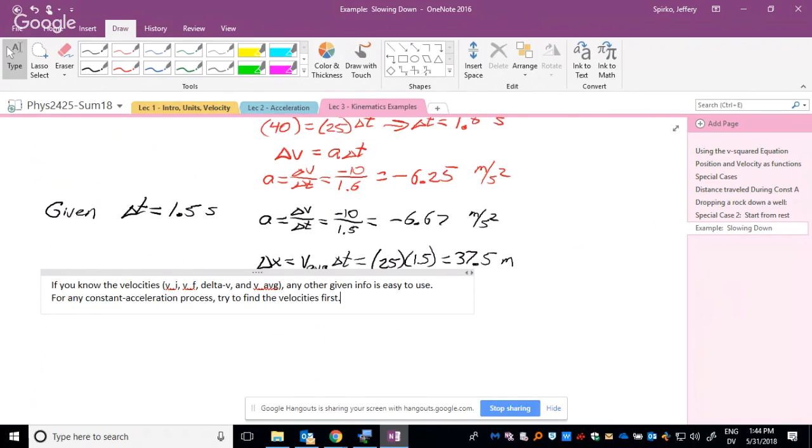Now, granted, if you're in a multi-stage process, sometimes that's not as easy to do, such as dropping the rock down the well. In that case, you may have to just work with equations with unknown variables, and you may have to solve simultaneous equations. But in general, if you can find a way to find the velocities numerically right from the beginning, you can end up solving the system without ever having to do simultaneous equations and without having to use the quadratic formula.